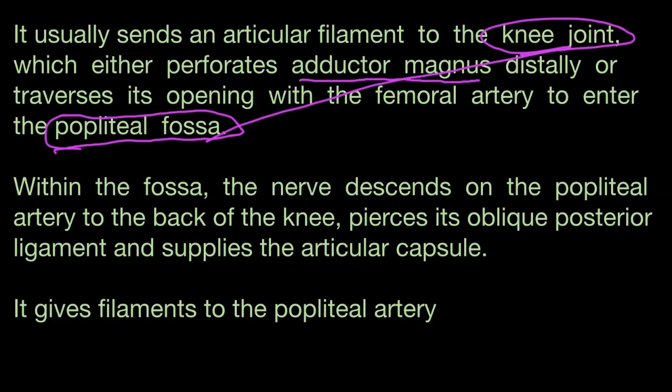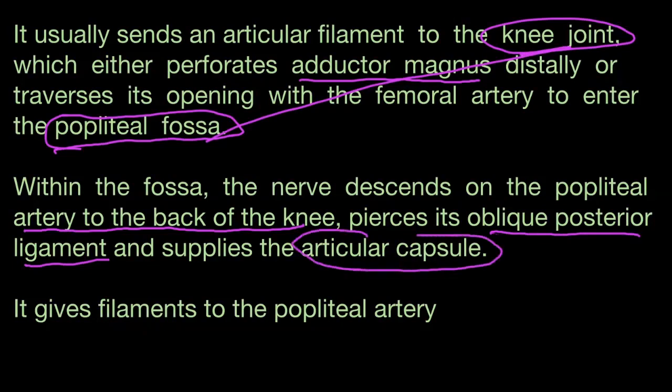Within the fossa, the nerve descends on the popliteal artery to the back of the knee, pierces its oblique posterior ligament, and supplies the articular capsule. So the posterior branch of obturator nerve supplies the articular capsule of the knee joint, and it gives a filament to the popliteal artery.